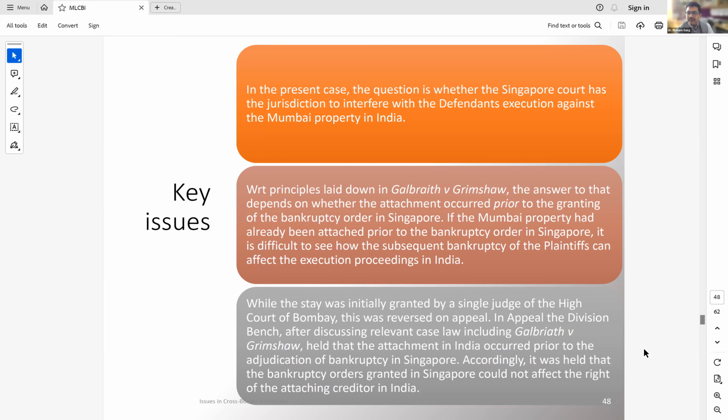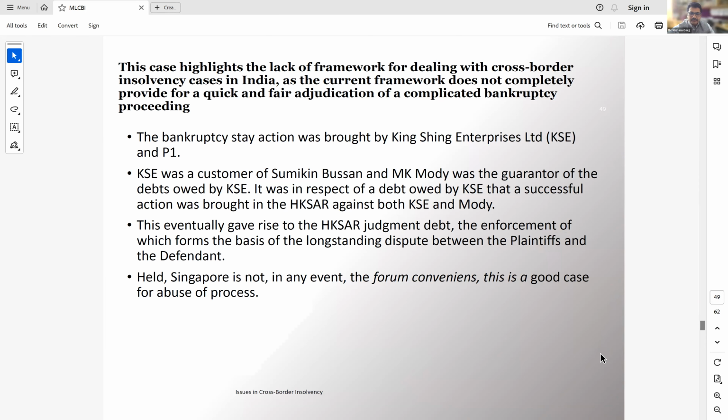So this is not a precedent, but it is an interesting decision on how courts can consider these foreign insolvency and bankruptcy orders. It is an interesting case, and some of you might have come across such cases.